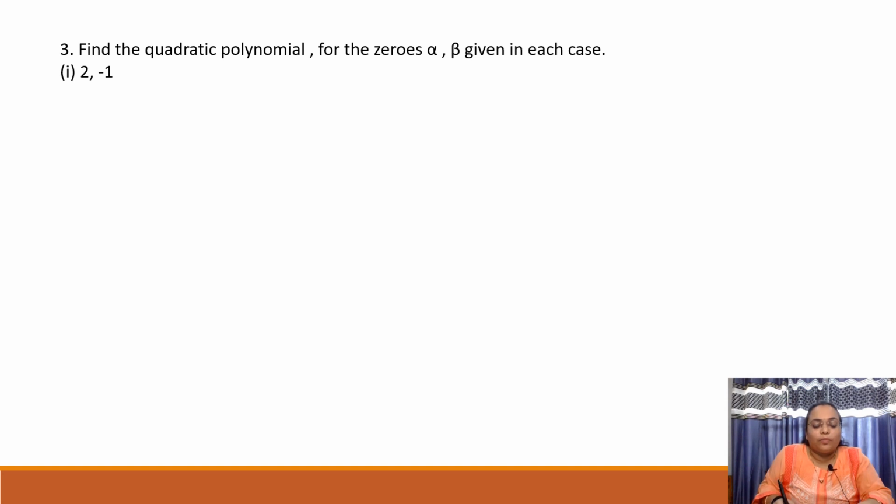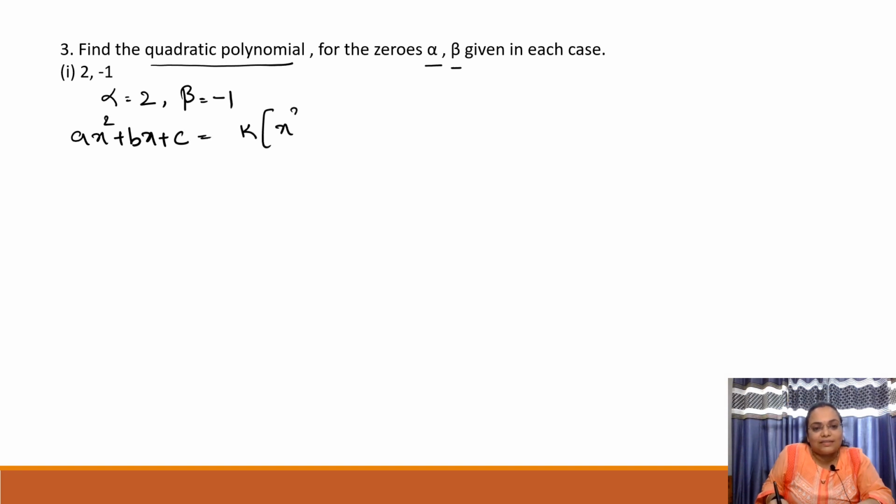So, this is the next problem. We need to find the quadratic polynomial. They have given the zeros alpha and beta. So, alpha is equals to 2 and beta is equals to minus 1. So, what is a quadratic polynomial? Ax square plus bx plus c is equals to k of x square minus x of alpha plus beta plus alpha beta.